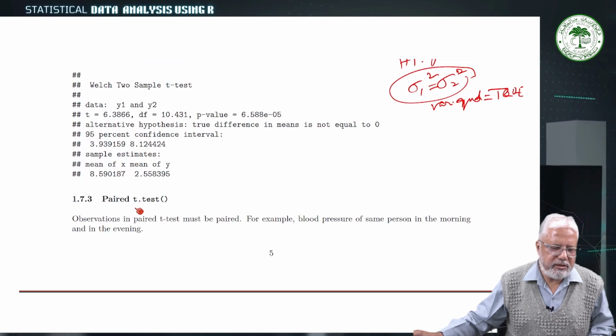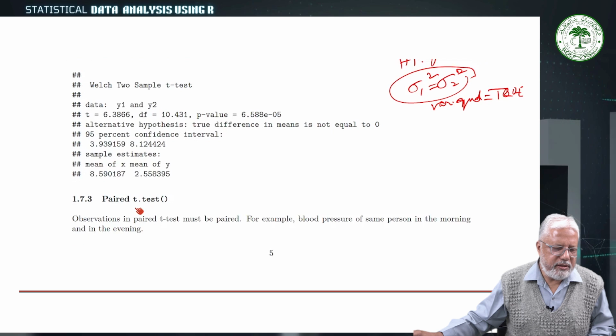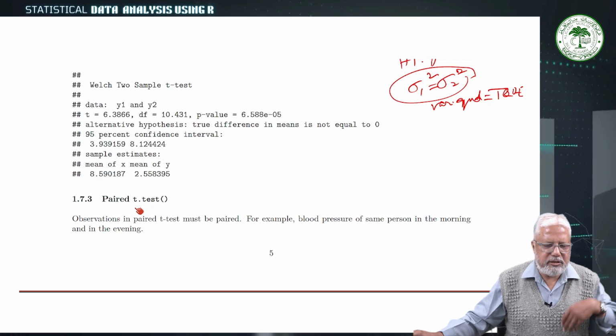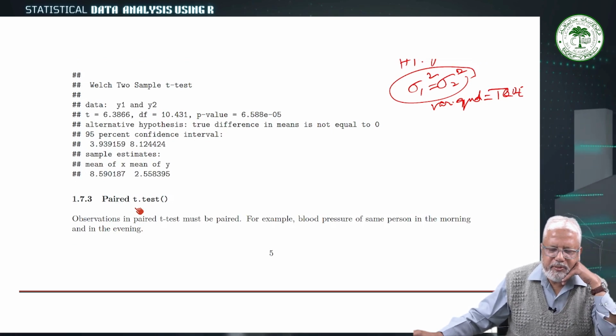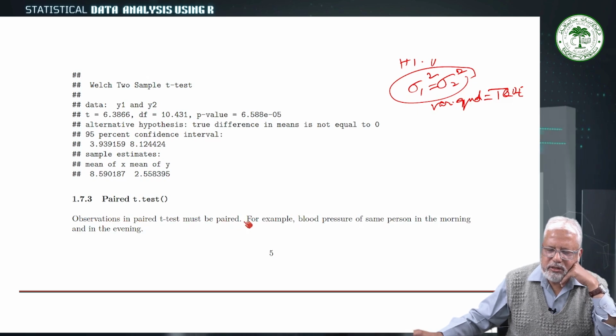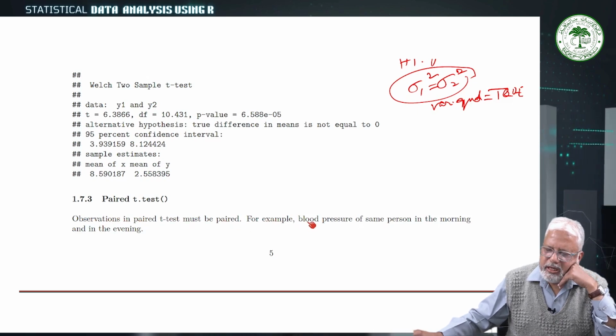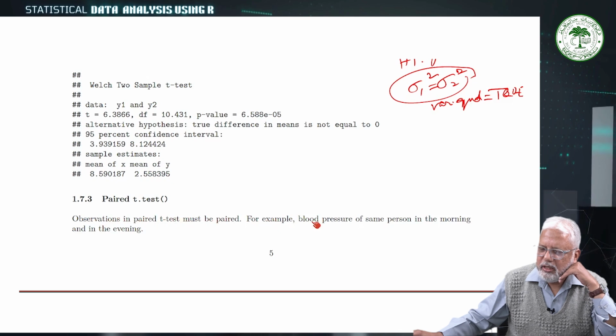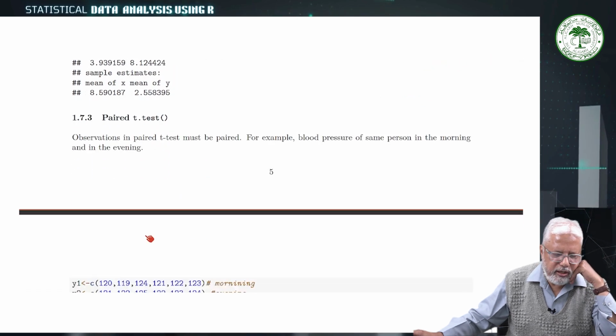Now the paired t-test. Observations in a paired t-test must be paired. For example, blood pressure of the same person in the morning and in the evening.